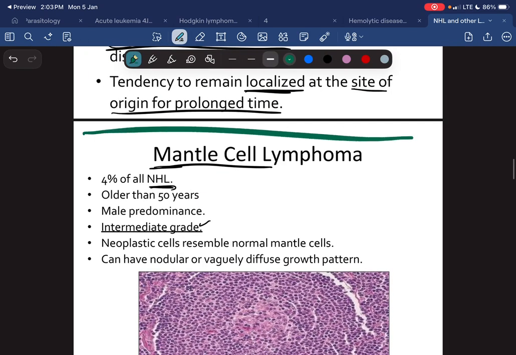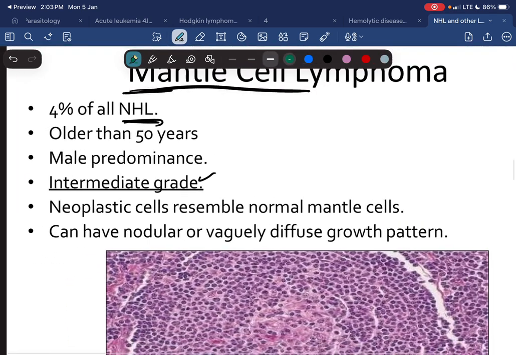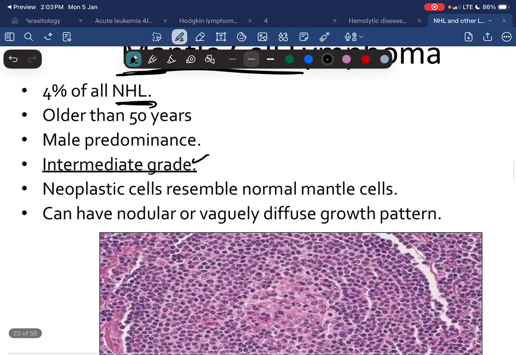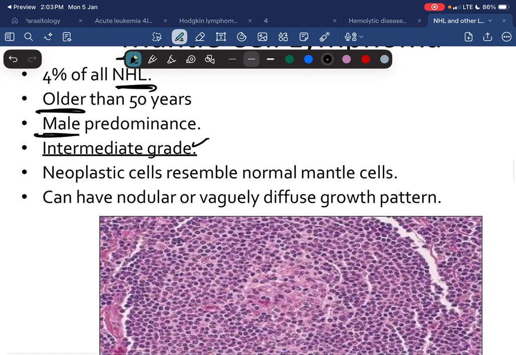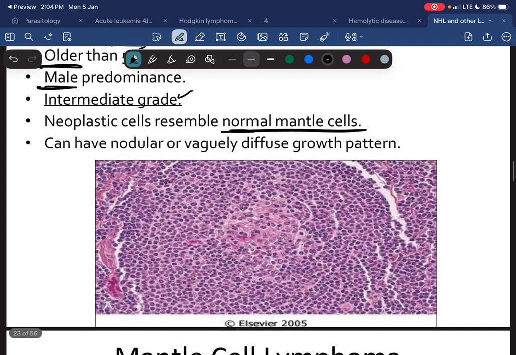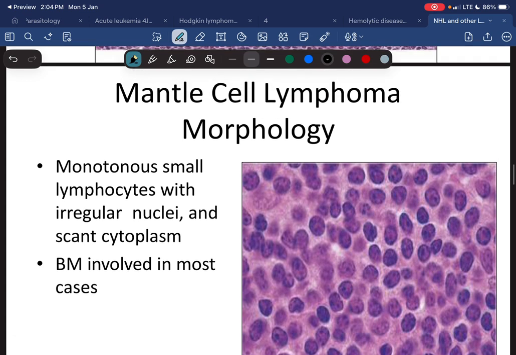It may have nodules, follicular formation, or diffuse growth pattern, diffusely involving the lymph node. The cells of mantle cell lymphoma are monotonous. They look like each other. Monotony is a striking feature with mantle cell lymphoma. They are monotonous, resembling each other, with irregular nuclei and scant cytoplasm.